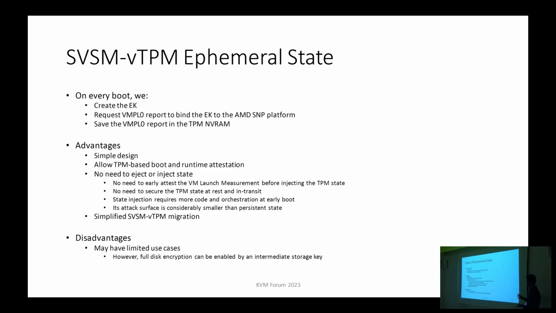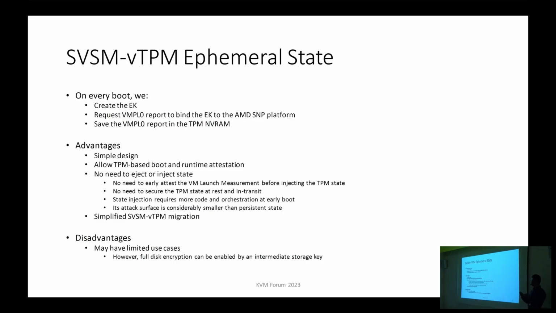The disadvantage is that we may have limited use cases. It works for runtime attestation, but we know that there are some cases, for example, full disk encryption, that require persistent state. For that case, we can enable full disk encryption by having an intermediate storage key.